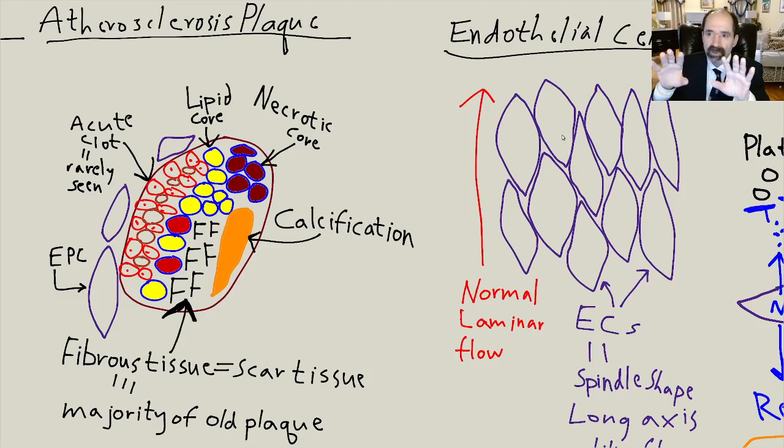Plus, when it's very chaotic and there's a significant retrograde component, they'll sense that as injury, shed their glycocalyx, and express prothrombotic chemicals on their cell surface, leading to increased risk of thrombus forming on the surface of the endothelial cells.